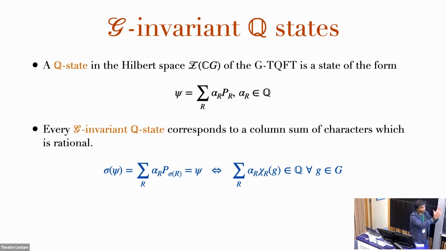So we go from an operator to an algebraic expression. That combination is also invariant under the group, because chi and P both get permuted in the same way under the Galois group action. So we can go from a state in the Hilbert space to a combination of characters. And the fact that this state is invariant under the Galois group action means that this combination has to be rational. So this is the statement that we get.